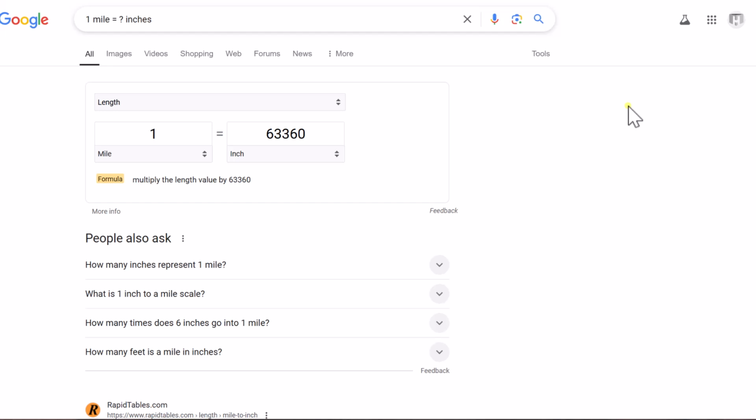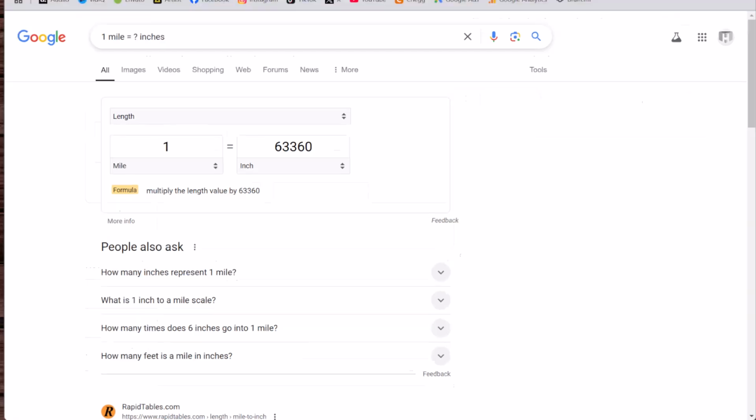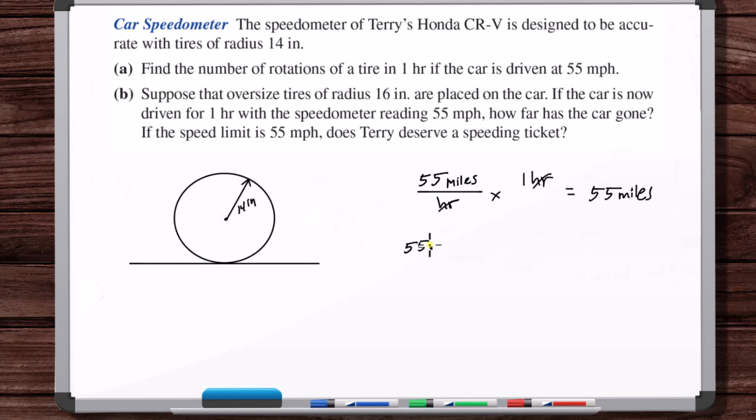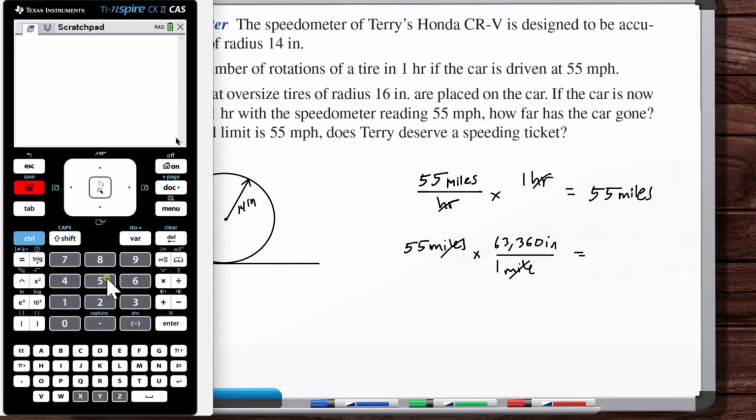One mile is 63,360 inches. So 3,484,800 inches.